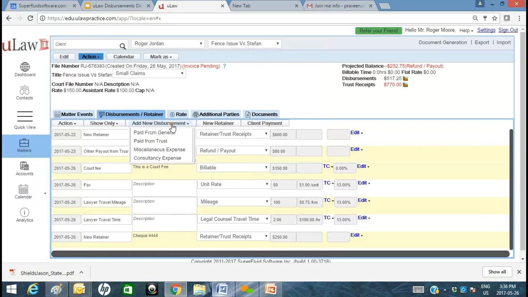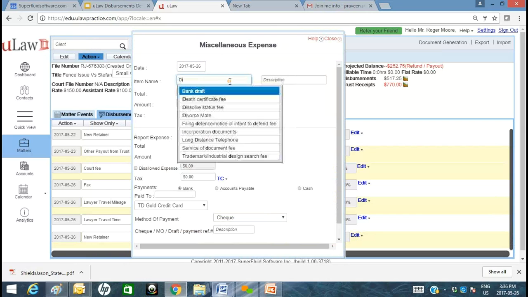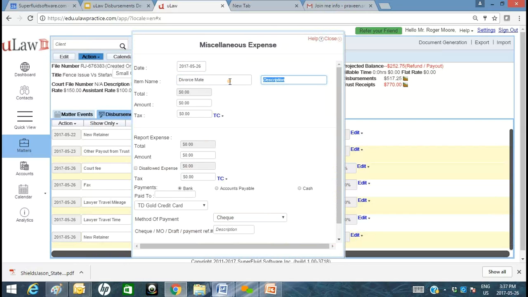Now let's add a new disbursement coming out of miscellaneous. And I'm going to now say divorce mate software, and I'm going to charge the client $120, okay?